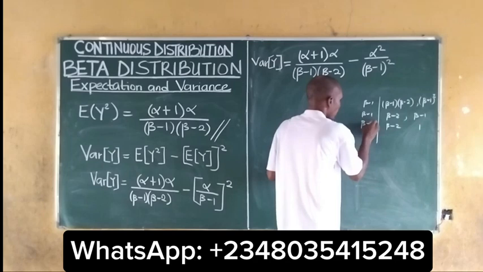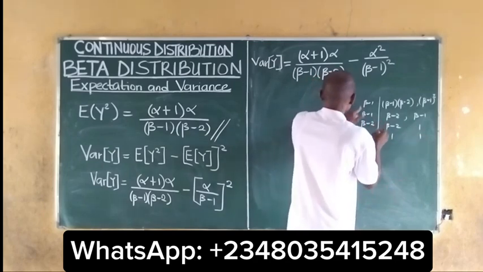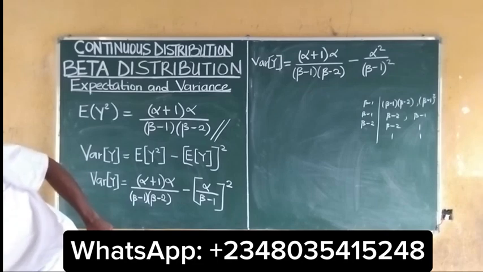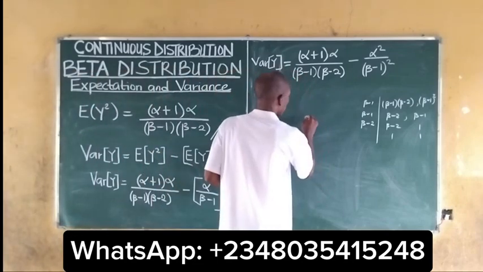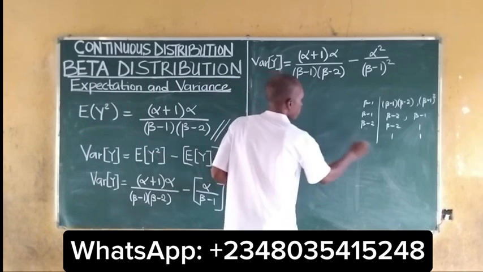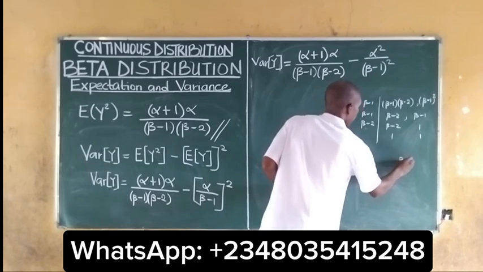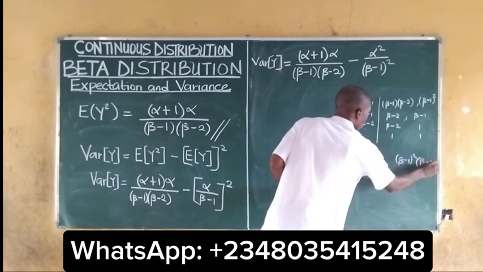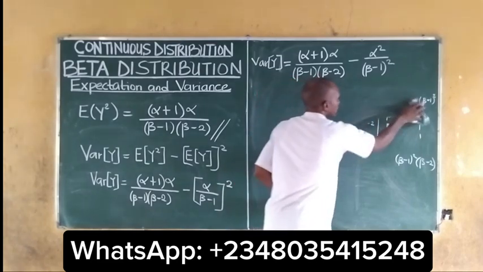The next thing to write is beta minus 2. So we have 1, 1. So our LCM for this function will give us beta minus 1 squared and beta minus 2. So this is our LCM.